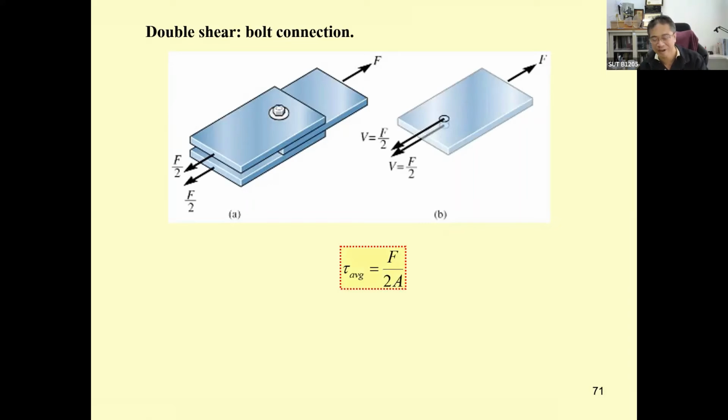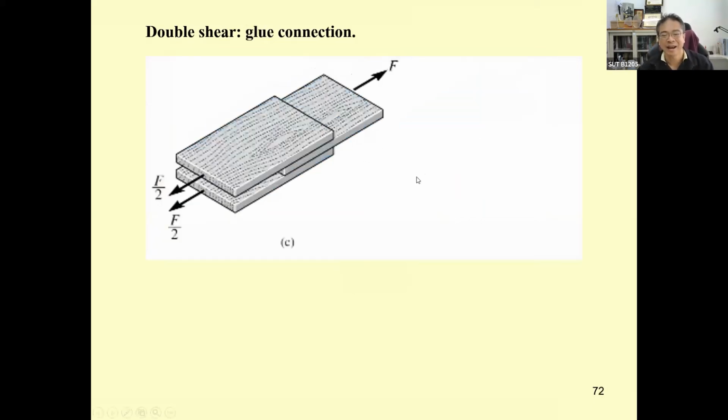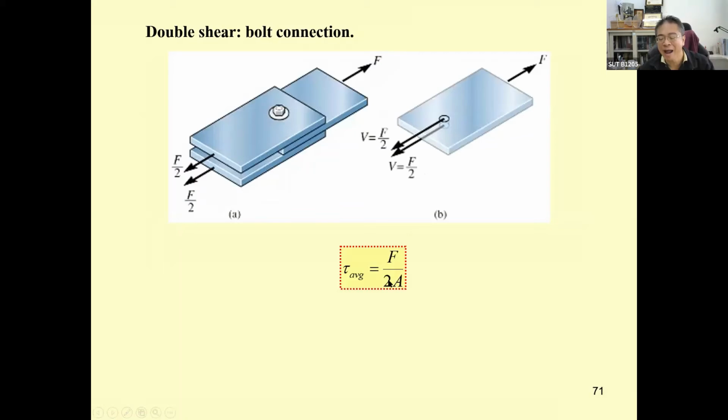I did draw the free body diagram for you guys already, so just go back to the previous PowerPoint and take a look at it. And then F divided by 2A. So the stress in this form of construction on the bolt is going to be half of the single shear.